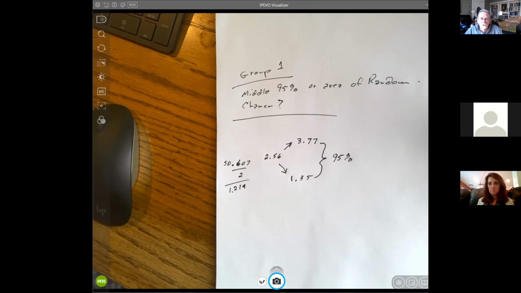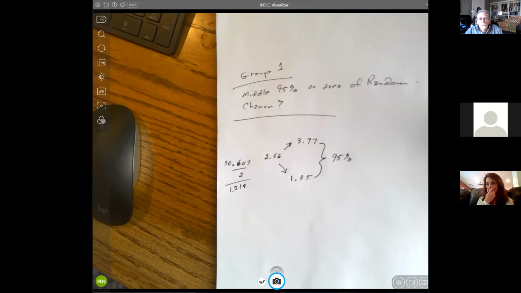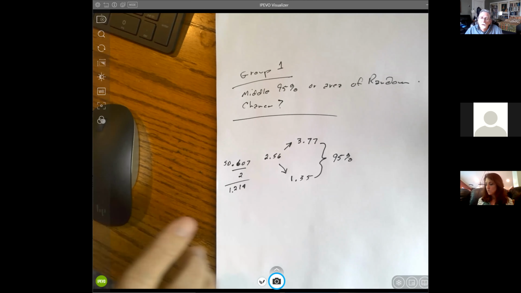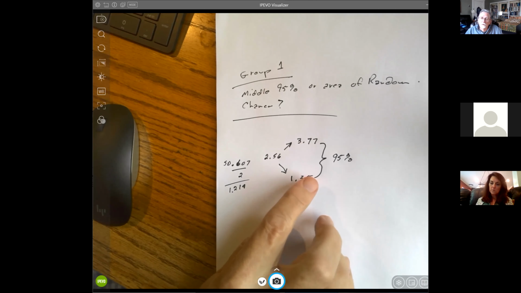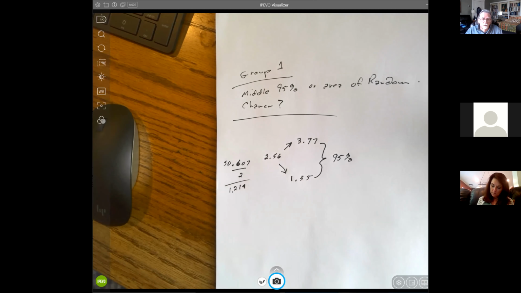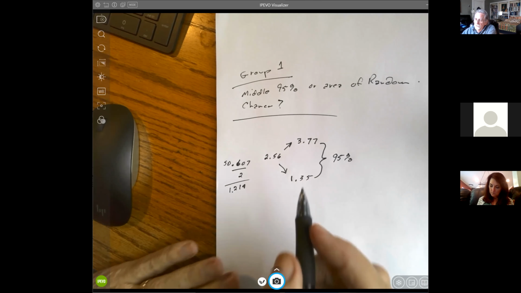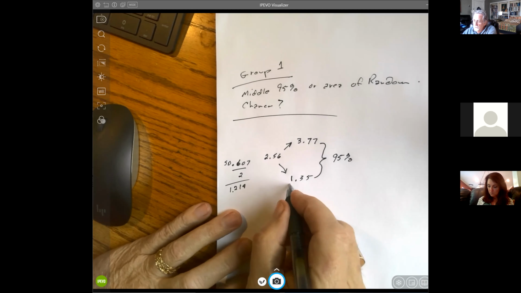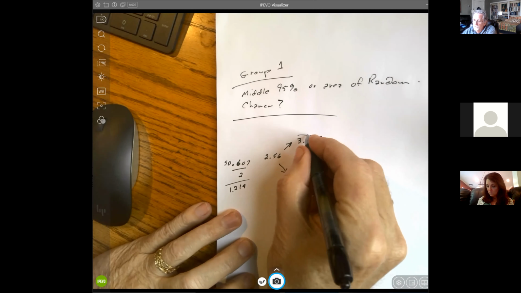Minimums and maximums are just the lowest score and the highest score, but that's normally given as part of the descriptives too. And so if you want to know where the critical values are for this distribution, the critical values above and below which things are significant are 1.35 and 3.77.